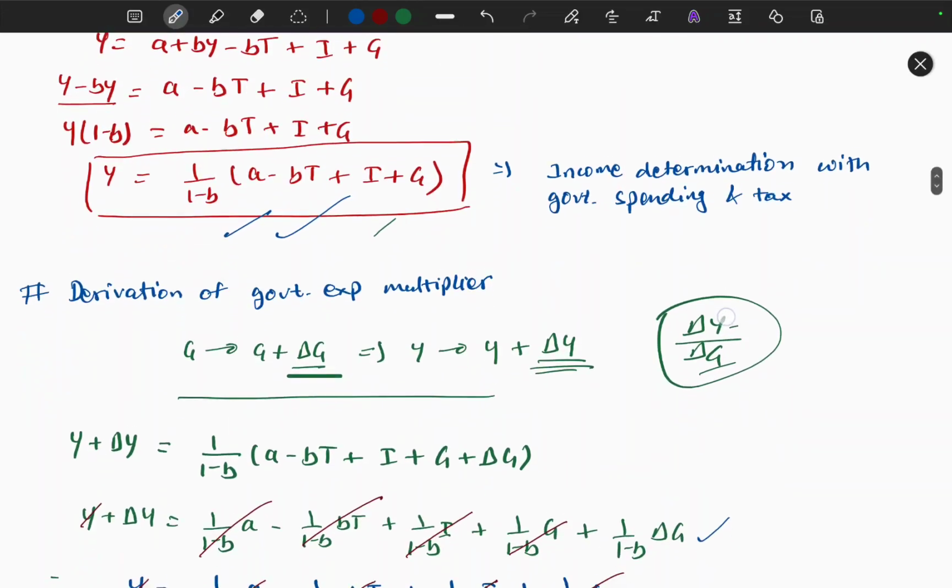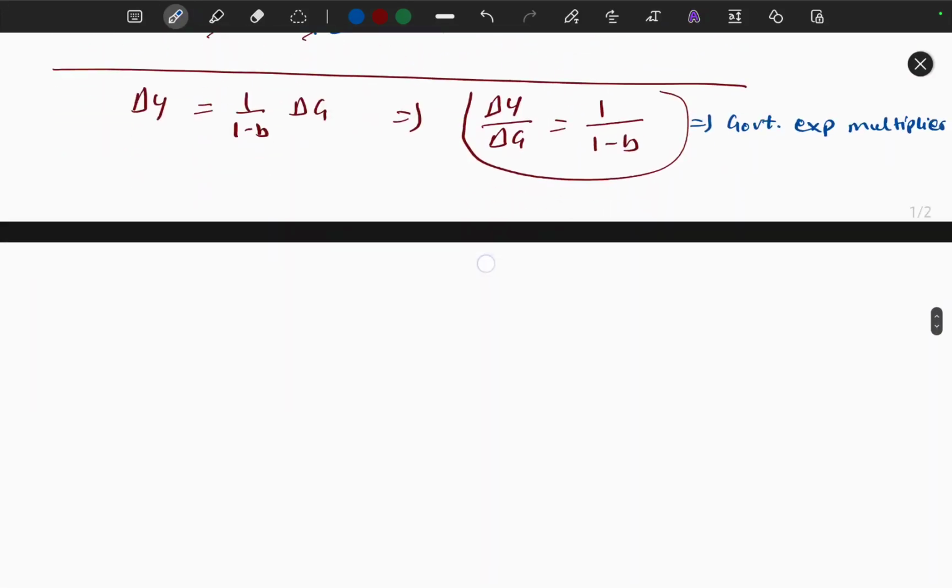This equation right here, I'm going to rewrite it. Tax multiplier.